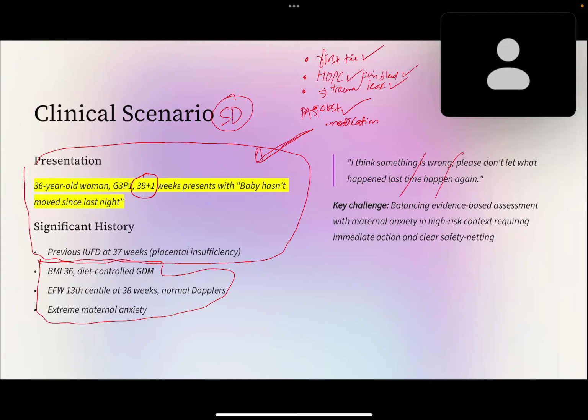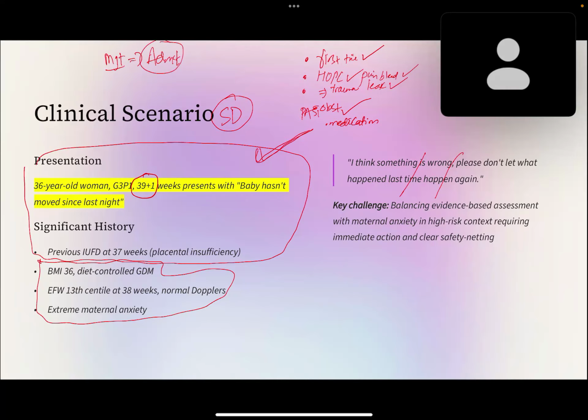Okay. I would want to admit this patient, and as she is 39 plus 1 week, I would want to deliver her, as she has a previous history of intrauterine fetal demise at 37 weeks. I would want to counsel my patient for admission and also possible delivery.